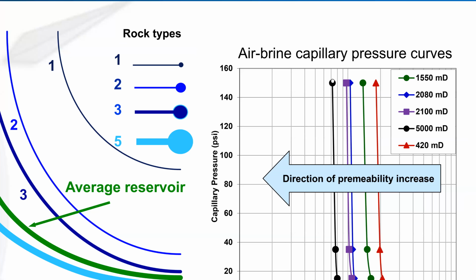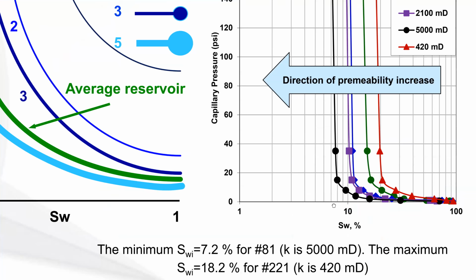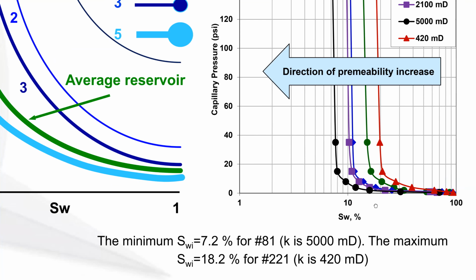But for this one, we have the highest permeability, 5 darcy, and as you can see, the SWI is almost 6%. So this is the direction of permeability increase, and also the direction of SWI decrease.